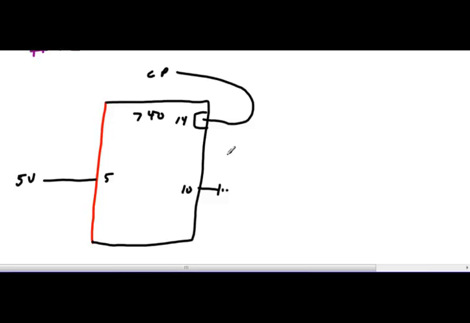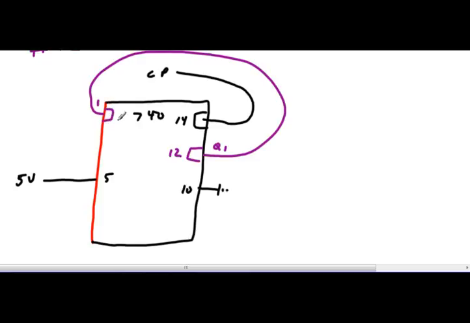I'm going to come out of pin 12, which is QA, and I'm going to come around into pin 1, which is the other clock pulse B. And then I'm going to take pin 8, which is QC, and I'm going to bring it out and say that's my divide by 10 number.